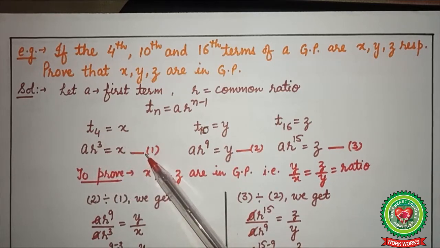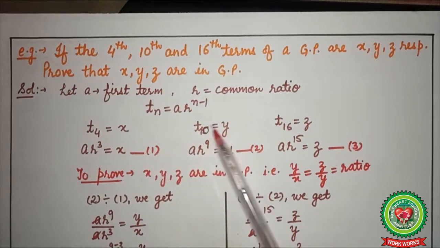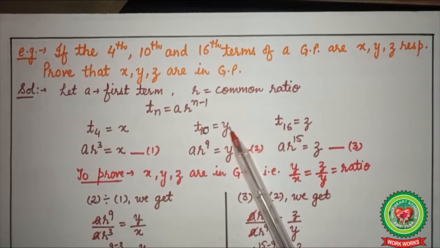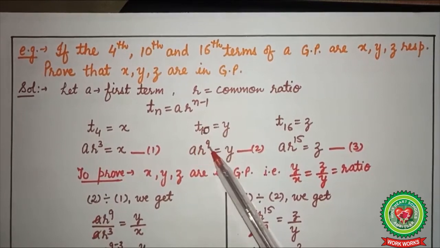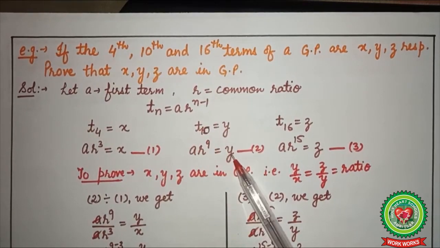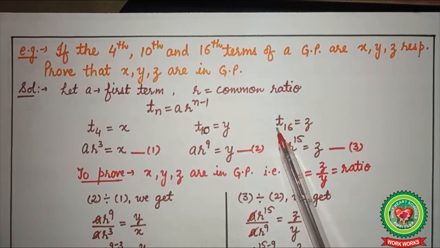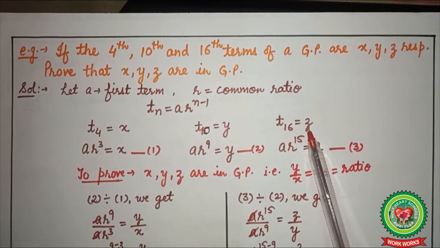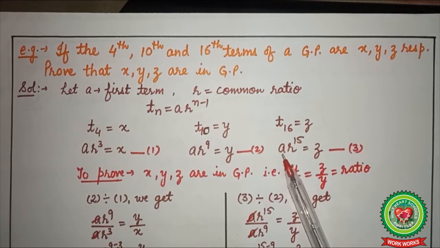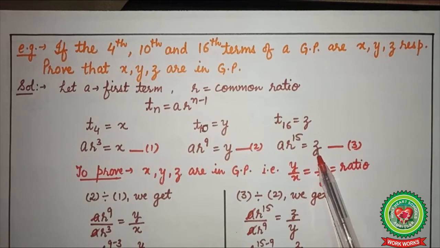First equation. Similarly, the 10th term is given as y. So AR raised to power 9 is equal to y. That is the second equation. The 16th term is given as z. So 16th term can be written as AR raised to power 15 is equal to z.